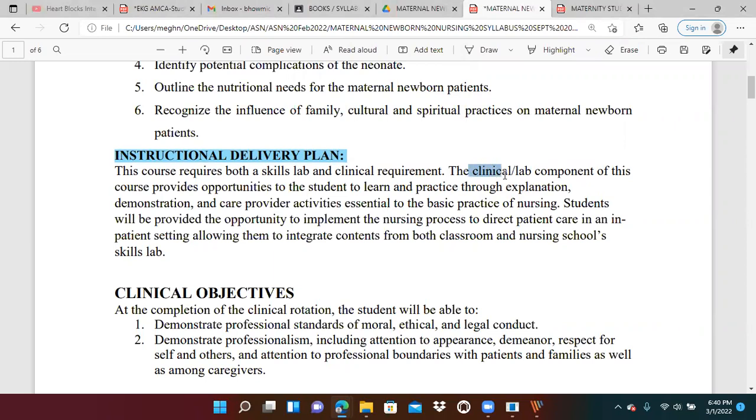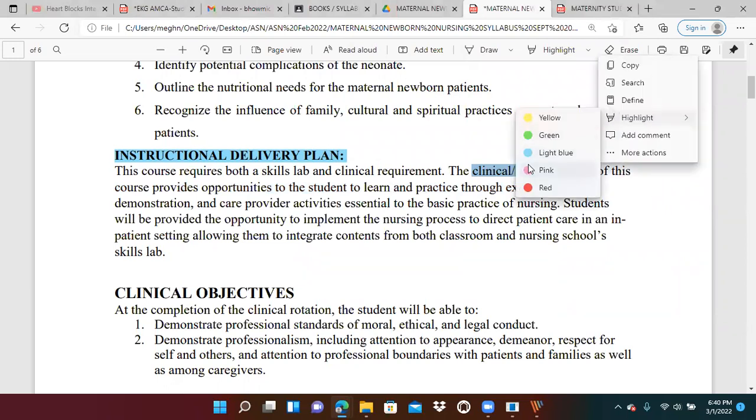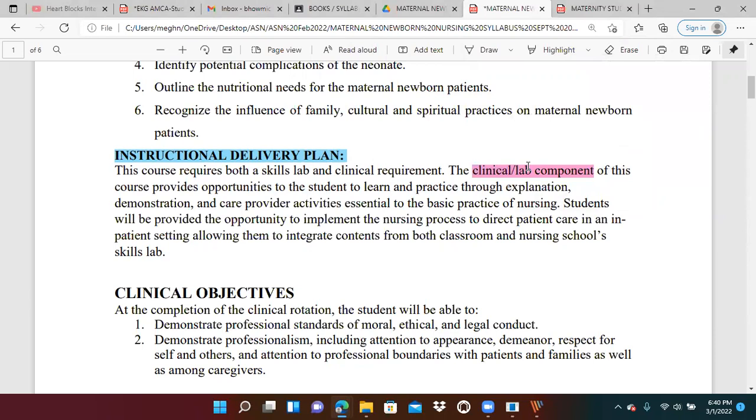It should include a clinical and lab component. Clinical means after you finish these 8 weeks with me, I will forward your application for nursing leadership and community nursing, and then you can contact the school for clinical rotation.